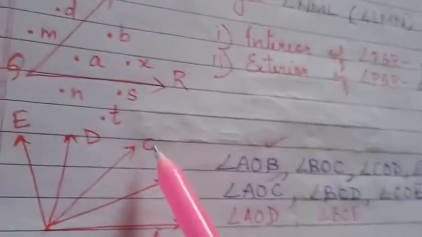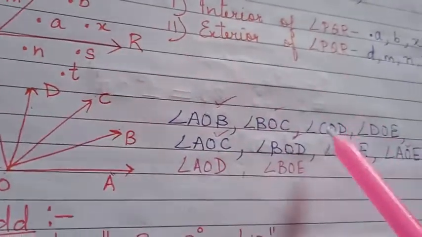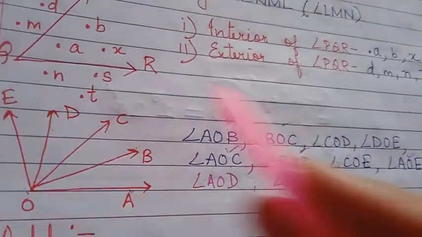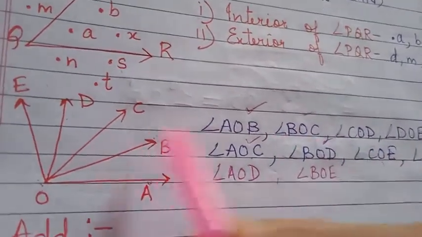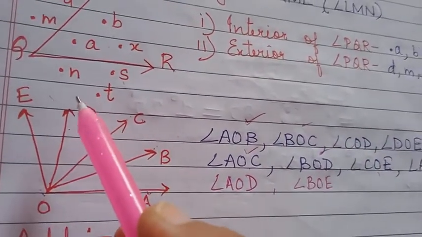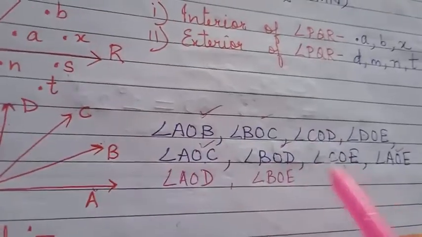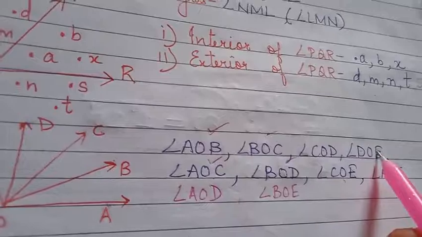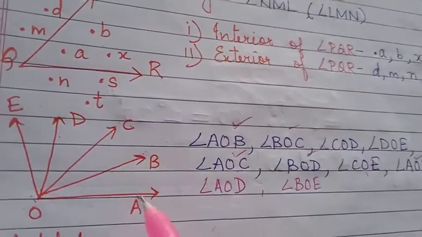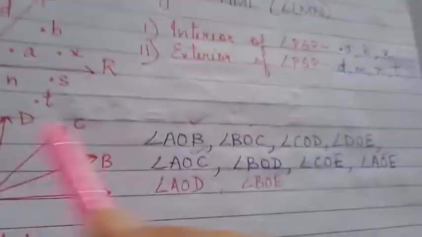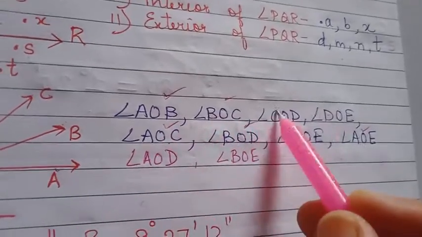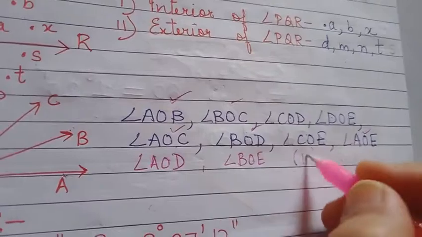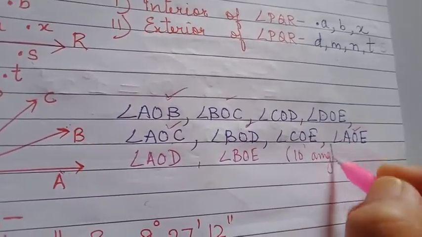Then angle COD, then angle COE. C's work is over. Now D, angle DOE. And AOE was done before only. So let us count: 1, 2, 3, 4, 5, 6, 7, 8, 9, 10. So total 10 angles are formed.